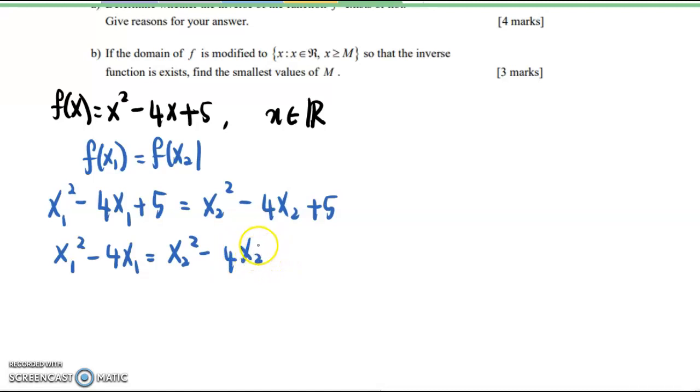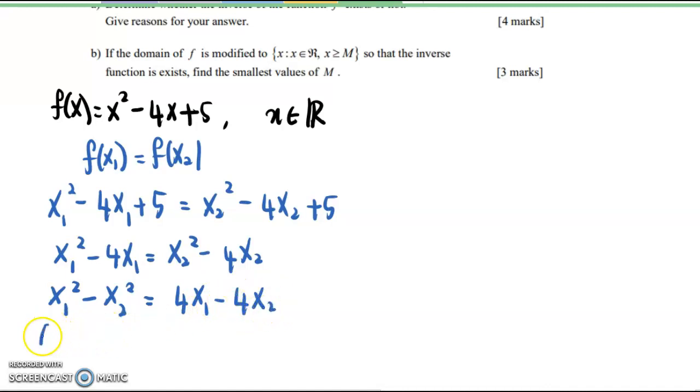Okay, untuk kuadratik, x1 dengan x2 ini tidak sama. So, kita tak boleh cancel out. So, we are going to bring square to the left. x1 square minus x2 square equals to, yang ini 4x1 minus 4x2.